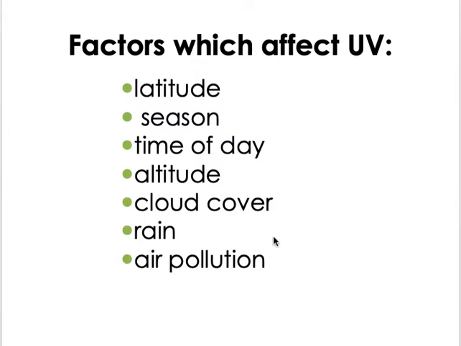And you have air pollution. With air pollution, there are certain particulates in the air that can trap and partially block the UV, but there are also particulates which help UV reach the surface of the Earth.